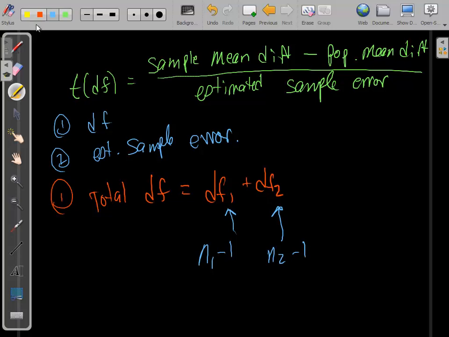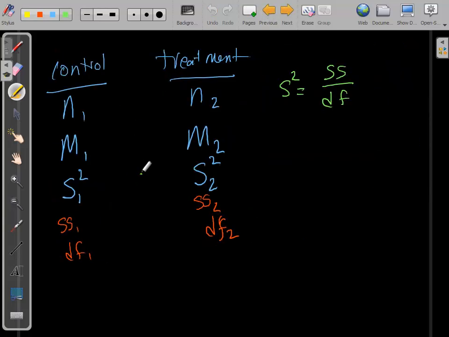And so really the total degrees of freedom is just going to be the sum of the sample sizes, and then we throw out two, one for each sample error. Okay, the S, if you flip back here, the S1, we throw out one for this one, and one observation for this standard sample error, and one for this sample error.